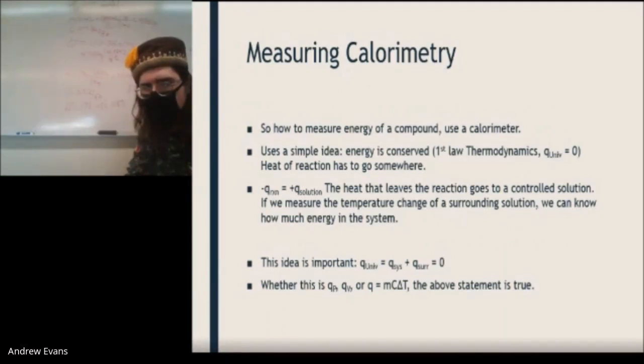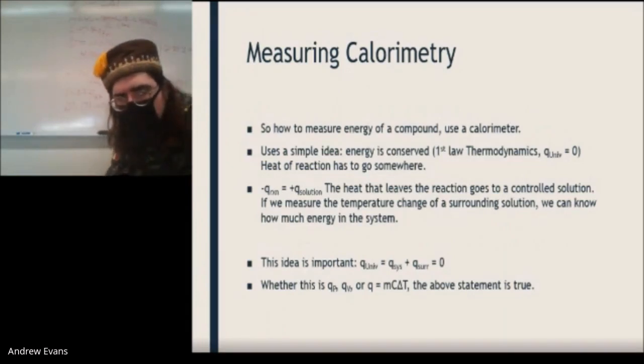the sum of the heat of reaction plus the sum of the heat of the solution is going to add up to 0, which is why we can, if we flip them around and separate them, say the heat gained by a solution is equal to the negative heat of a reaction.